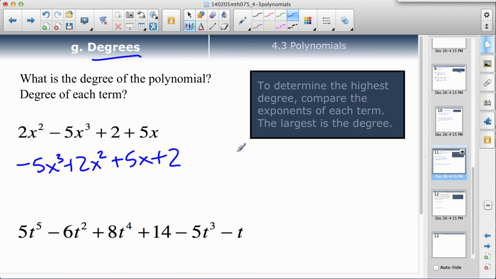So this one here, I would say, is a degree 3 polynomial. Knowing that it's a degree 3 actually tells me what the graph of this would look like. This particular one, if I were graphing it, would start up here and do something like that. It would have that kind of shape to it.